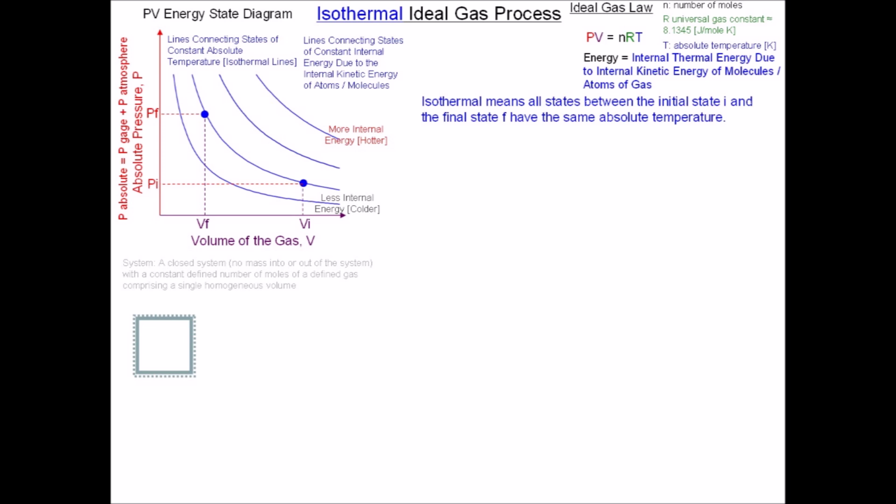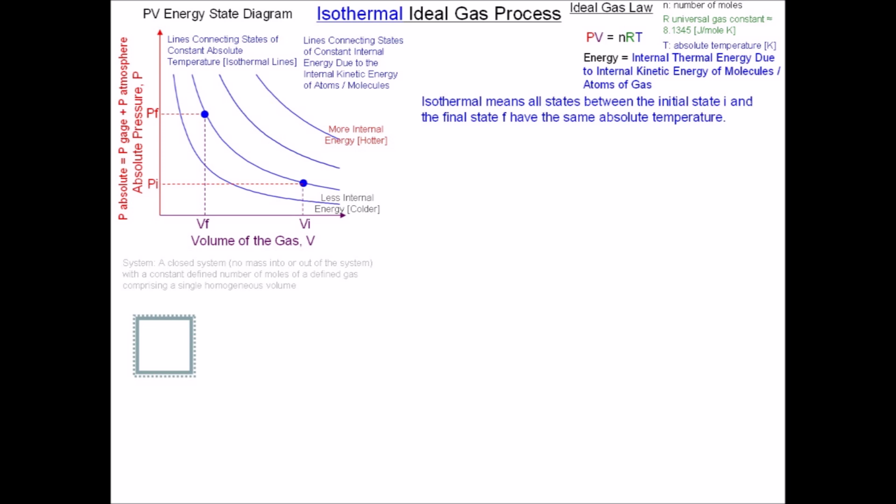Looking at the PV energy state diagram, you can see that we have 2 states shown. One state at volume initial, pressure initial, and the final state at volume final and pressure final.